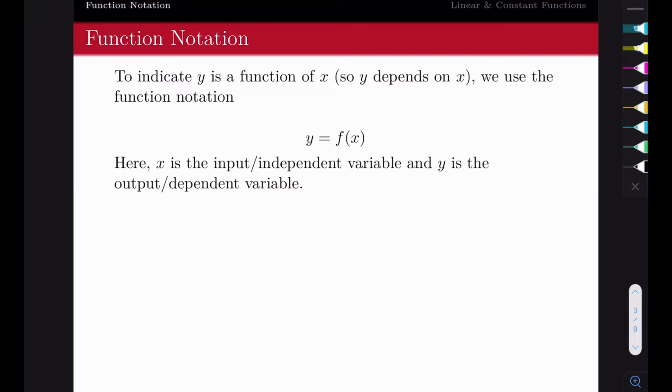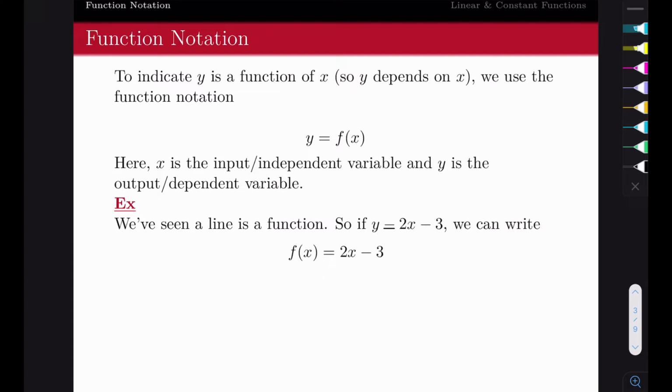Let's connect this with stuff that we've already done before. We've seen that a line is going to pass our vertical line test. So if I have the line y equals 2x minus 3, this is a function. We can write a ton of different things to indicate it. Instead of writing y, I would just use the notation f of x equals 2x minus 3. If I plug in x equals 1, that would tell me what my output value is.